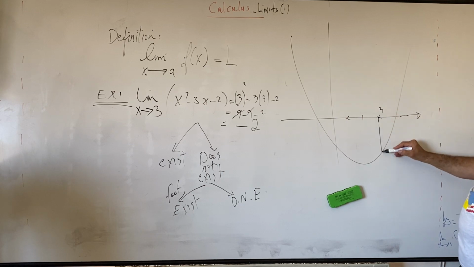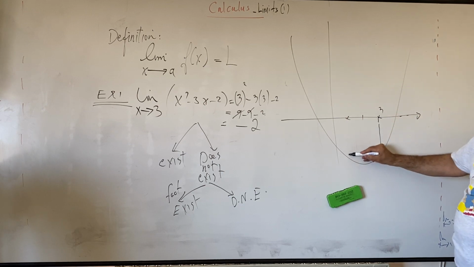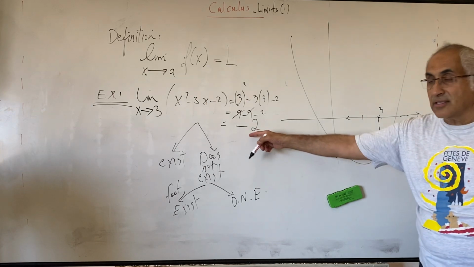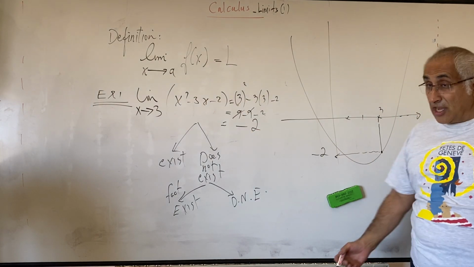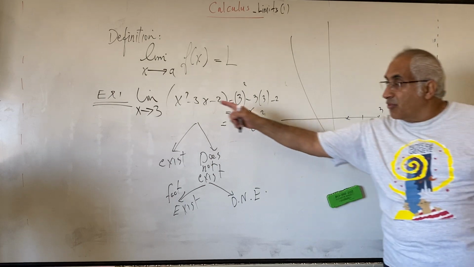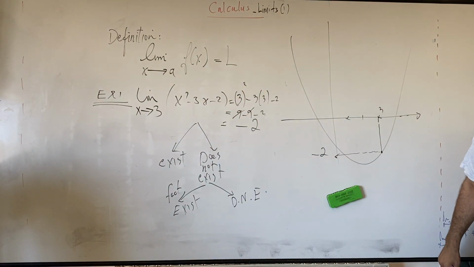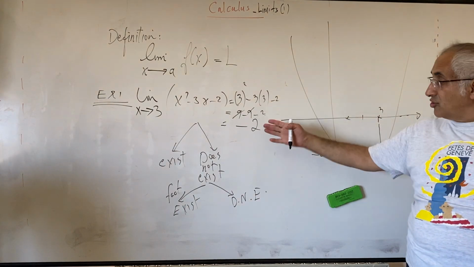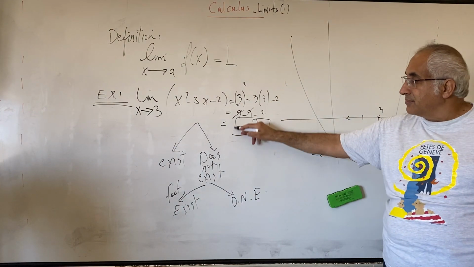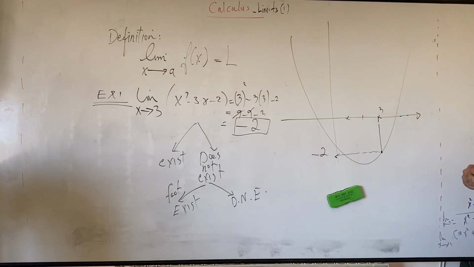I'm going to go ahead here. When I go there, then you have an answer of negative 2. So when you plug in the number 3, or whatever the number, you have an answer. This is the limit. Okay.